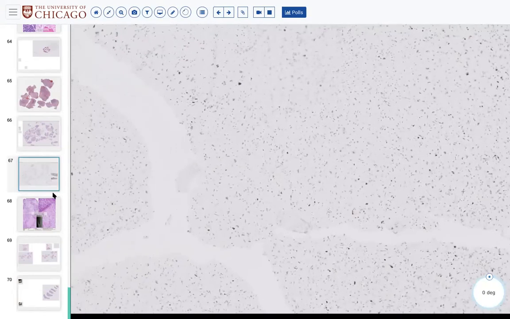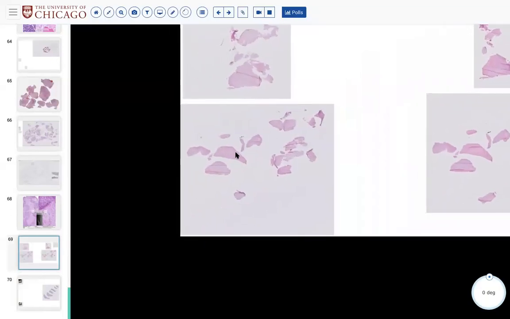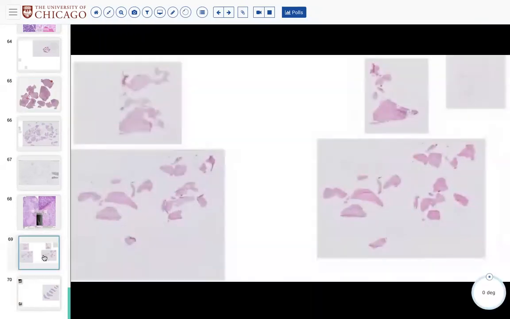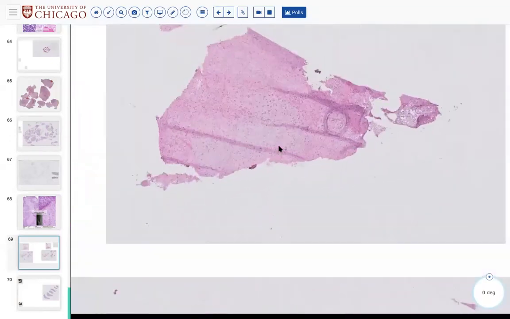I think this is out of order. Okay. So sorry, I'm going to skip down here to this lesion. So keep in mind what chondromyxoid fibroma looks like. I'm skipping down to this lesion here, which we saw on frozen not too long ago.